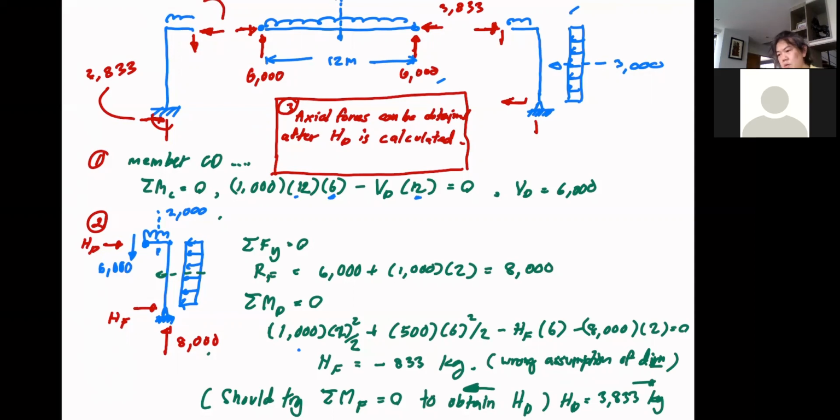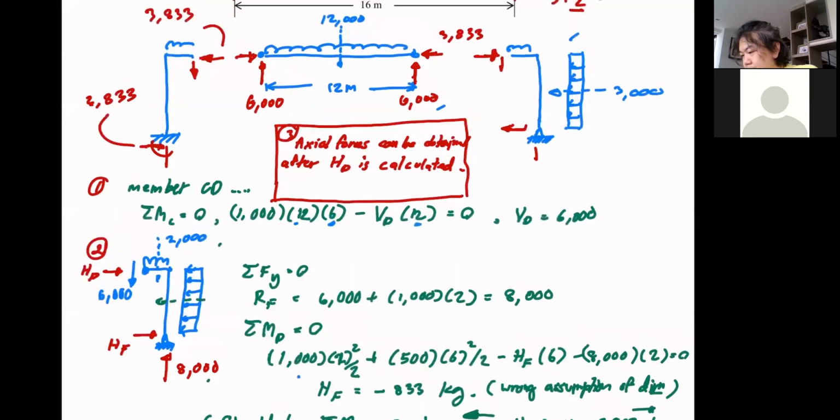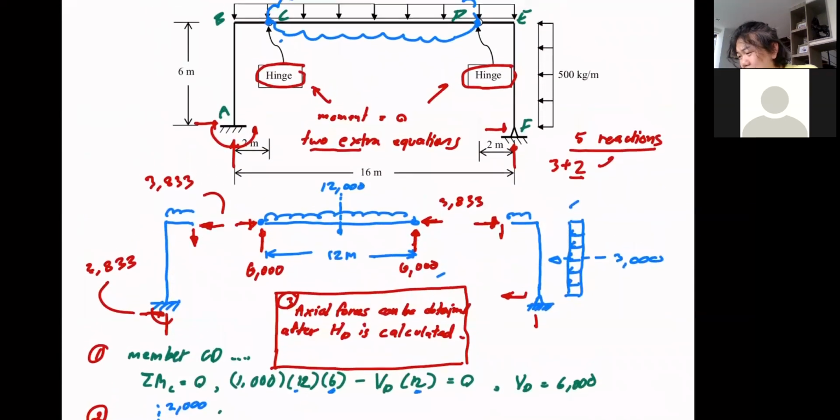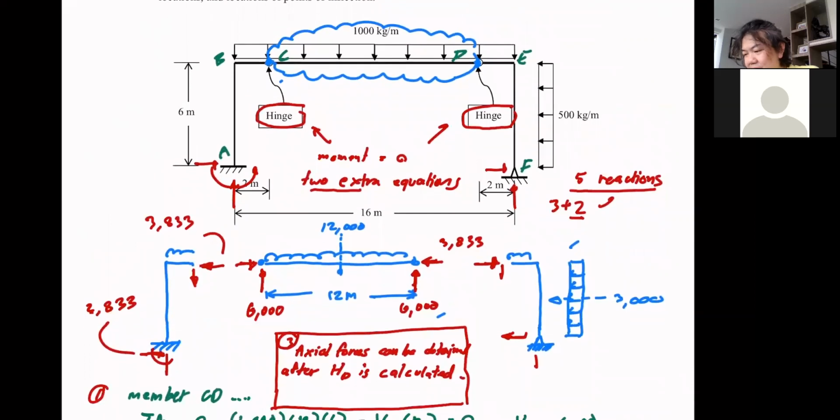So if you have a structure up until this point, I don't think you should have any problem writing the shear force and bending moment diagram. But anyway, let's try to complete this, for the sake of our completion. Let's say for member CD, because we have the hinge at both ends, this should be a piece of cake for you.